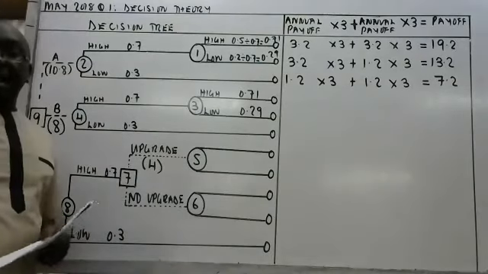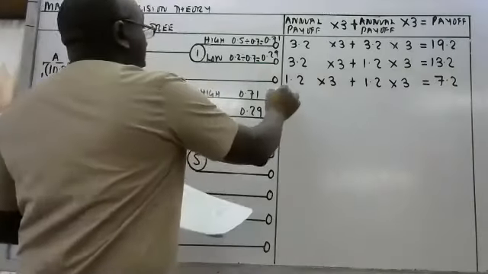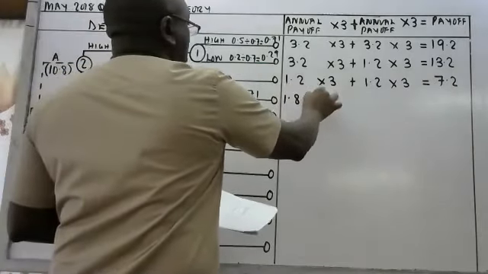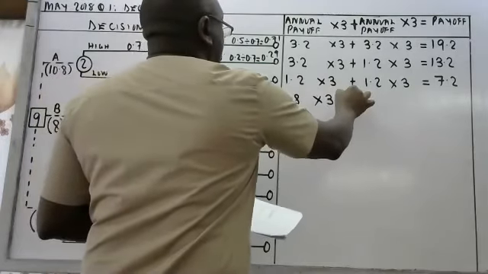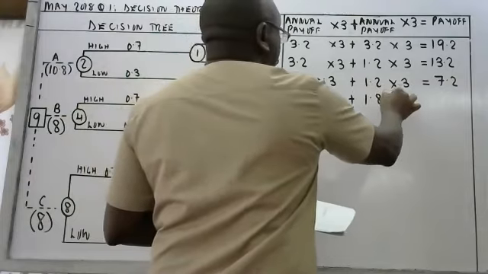Let's go to B now. B, when it is high, you get 1.8 multiplied by 3. The next 3 years will also be high. 1.8 times 3.